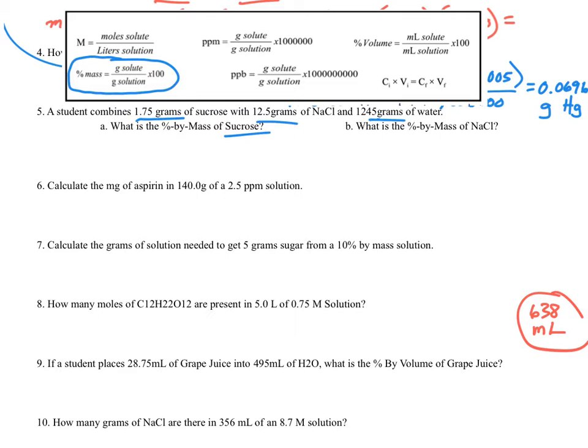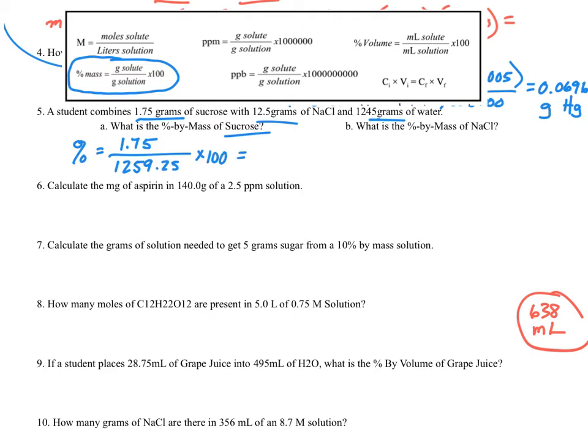All right, so the percent by mass is going to be the grams of solute, in this case the sucrose, which is the 1.75, divided by the whole. We'll add those all together. That gives me 1,259.25 grams of solution. Right now, times 100 will get us our percentage.